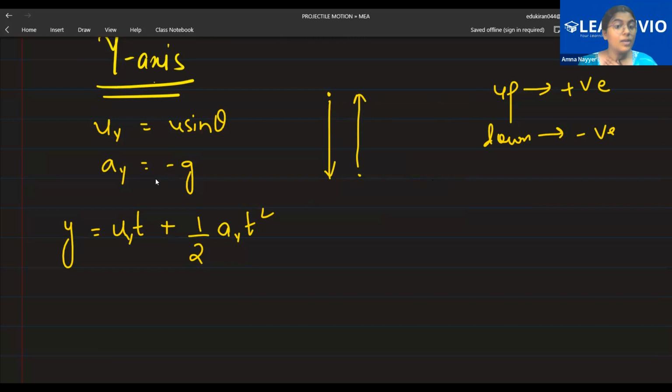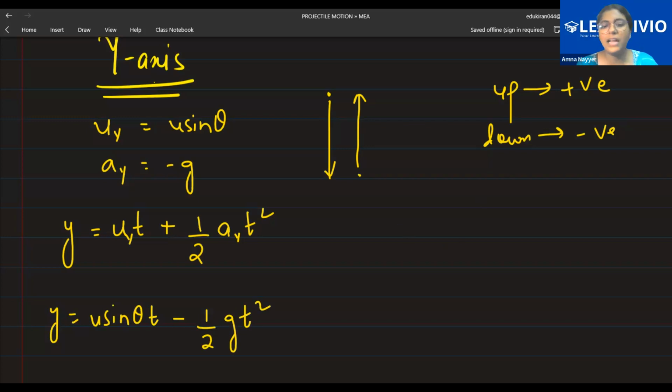So acceleration is acting downwards, so acceleration is negative. uy, throwing the body up, is positive. So let me write this down. y is u sine theta t minus half g t square, where g is the acceleration due to gravity.